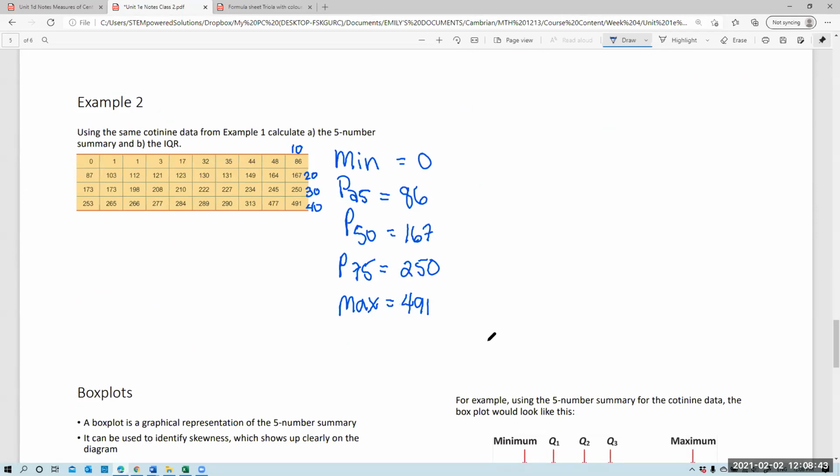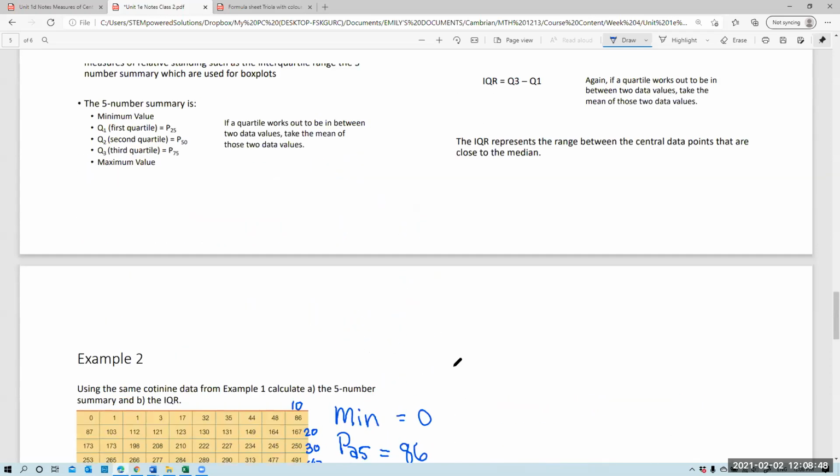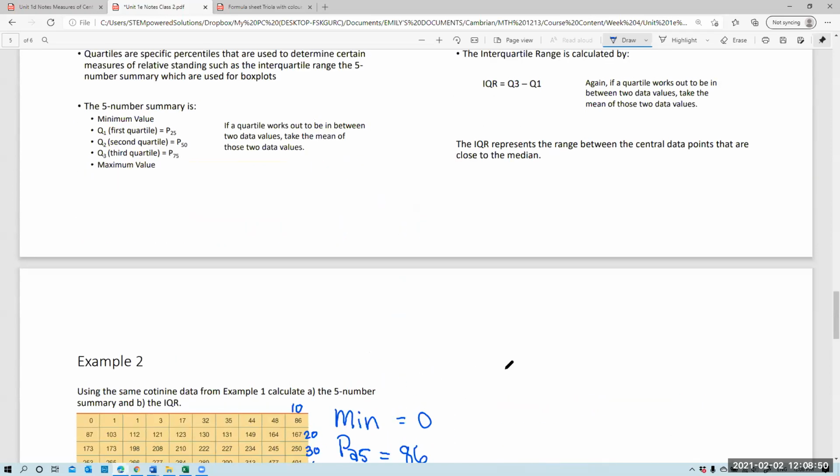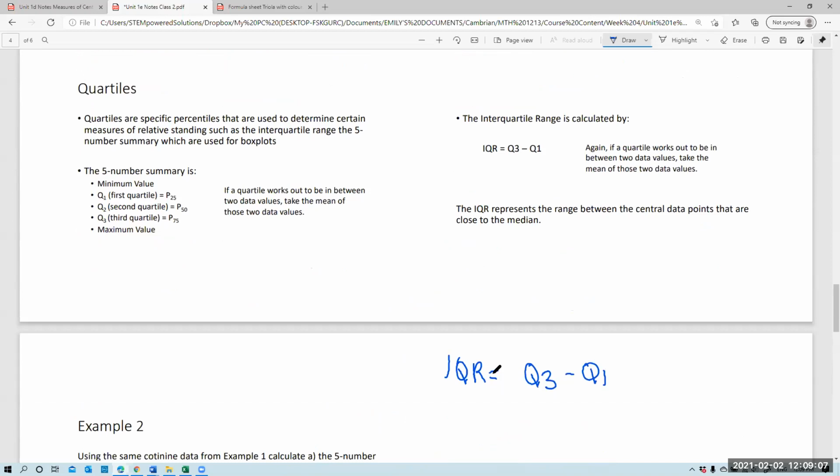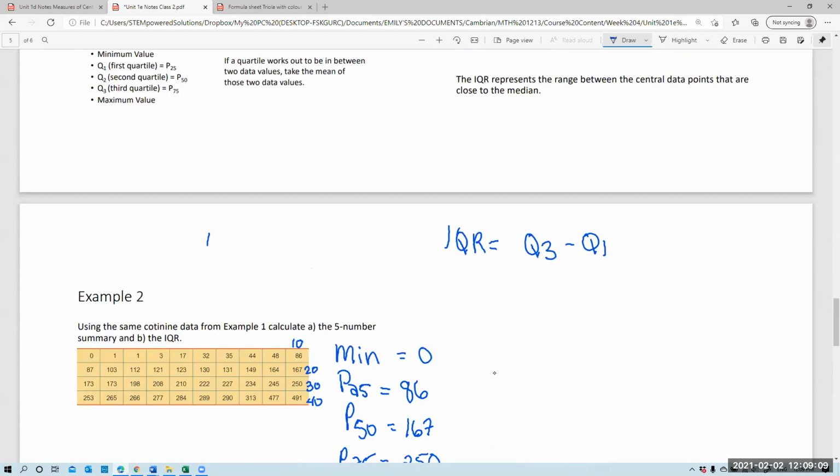The interquartile range: I'm just going to apply this equation. The IQR is equal to Q3 minus Q1. Remember that Q3 equals P75 and Q1 equals P25.